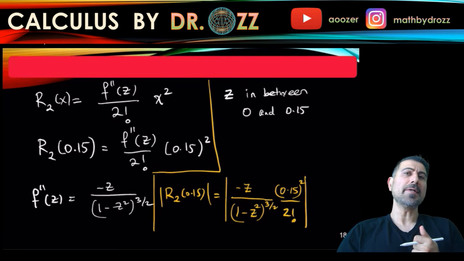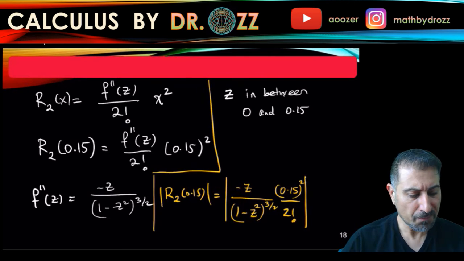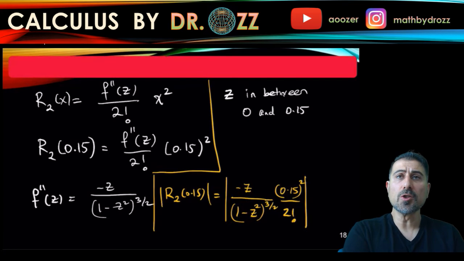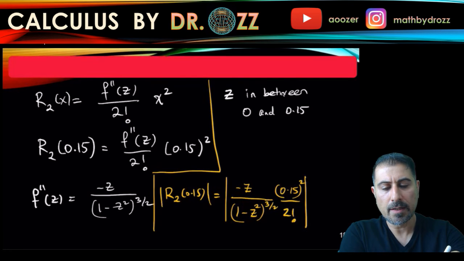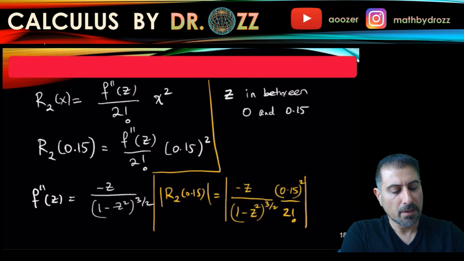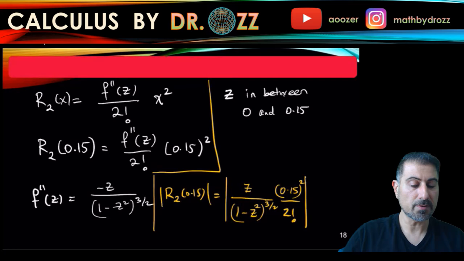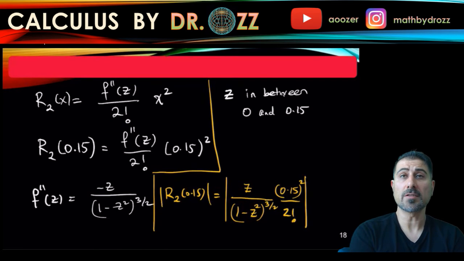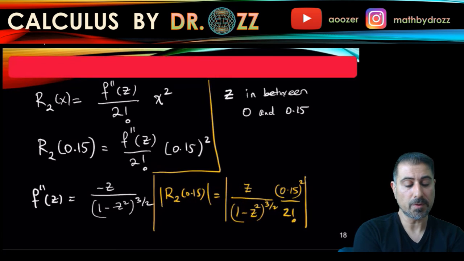So at this moment, think about what kind of z makes this expression bigger, okay? But first of all, since this is an absolute value, I'm going to get rid of the minus here, because z is a positive number anyway. When you take the absolute value, the whole expression is going to be positive, okay?